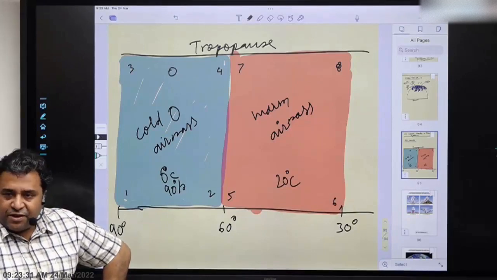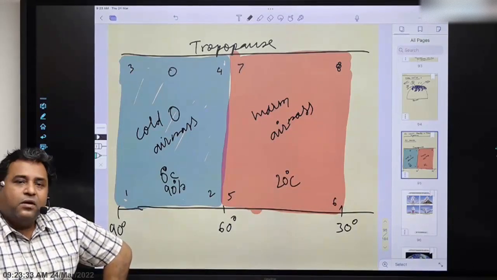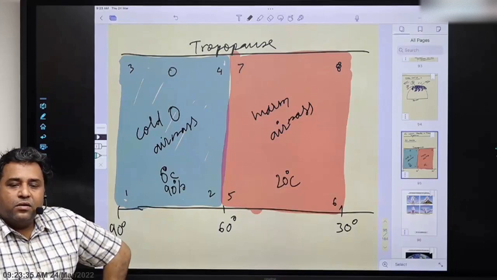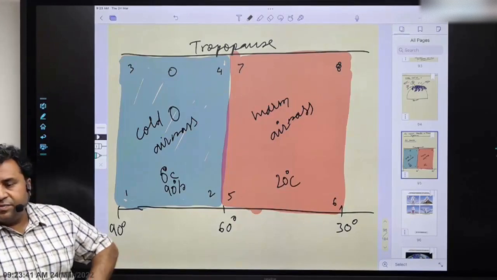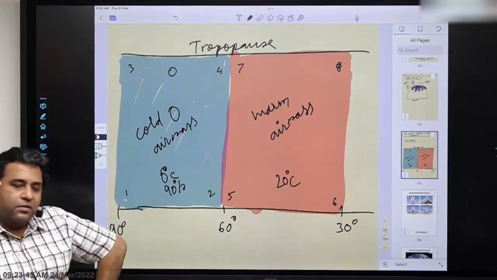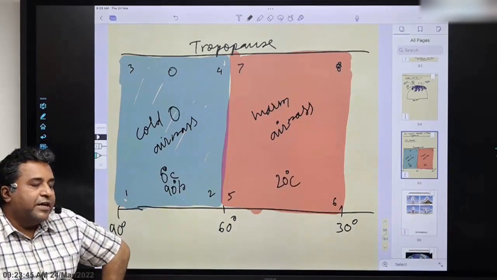Temperature, which means latitude, and second, B, relative humidity, within bracket continentality or maritime.